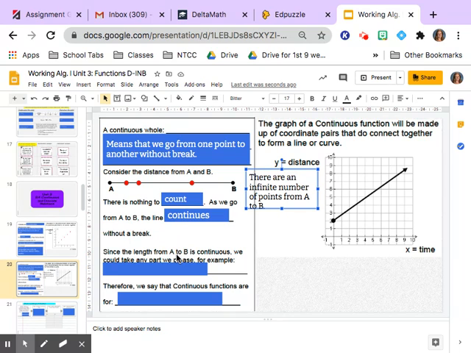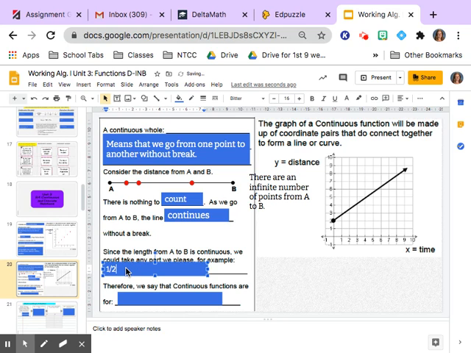Since the length from A to B is continuous, we could take any part we please. So we could do, I'm going to change my color. We could find half the distance. We could do a third of the distance.